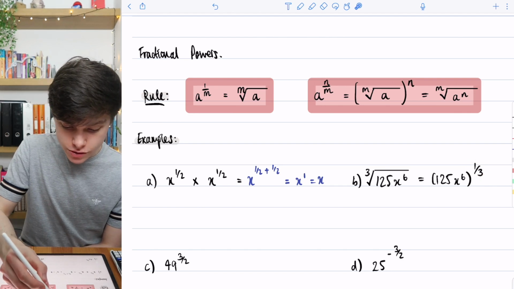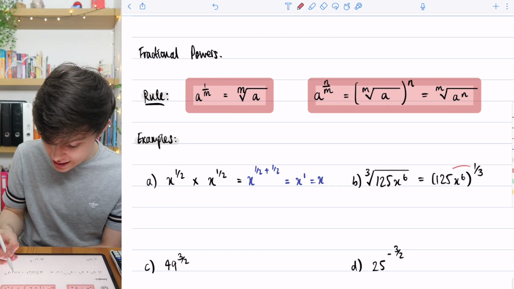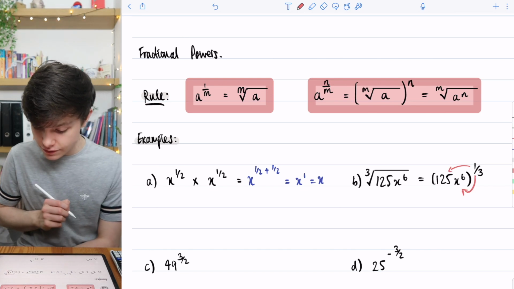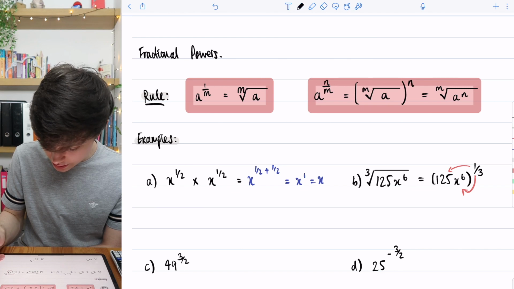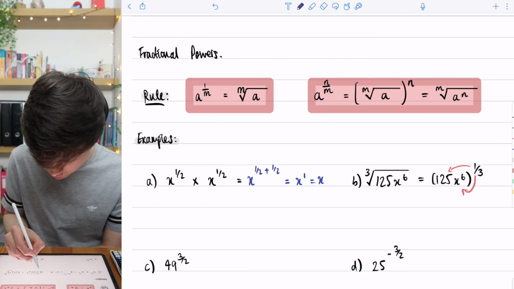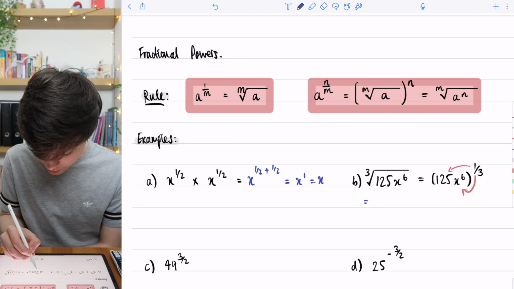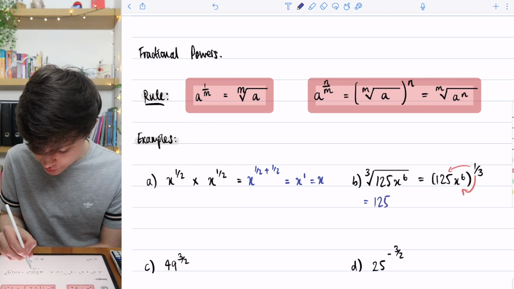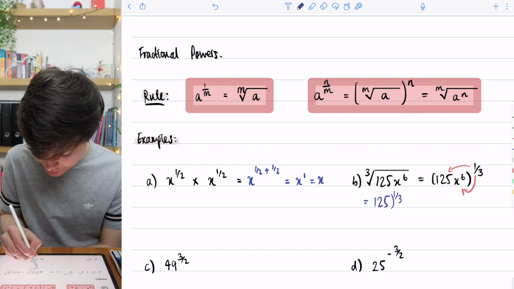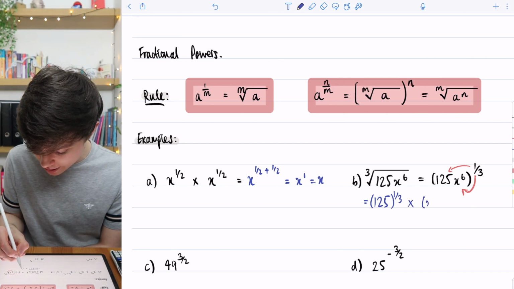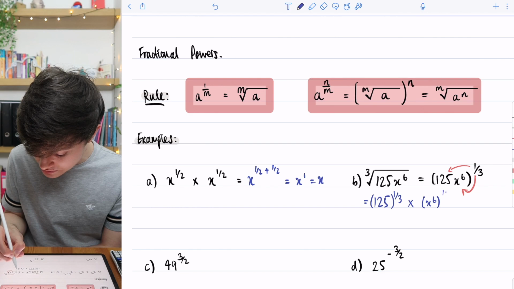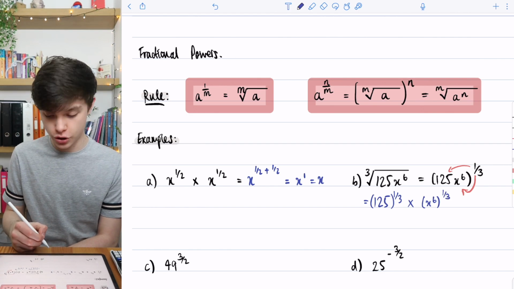Then I'm going to use one of the index laws to distribute that power over. So that gives me 125 to the third, because I can distribute that power to the number, multiplied by x to the 6, all to the power of a third.